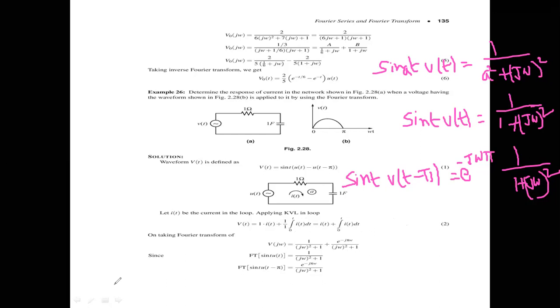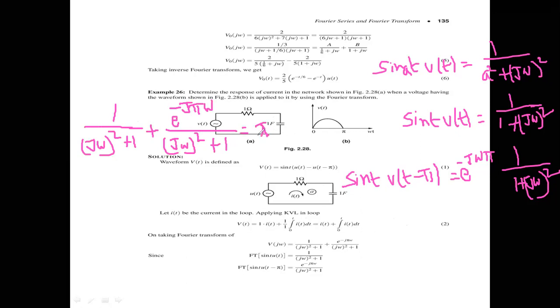So we got 1 by (j omega whole square plus 1) plus e power minus j pi omega whole divided by (j omega whole square plus 1) is equal to I of omega, the Fourier transformation. The integral of I of t is I of omega by j omega.